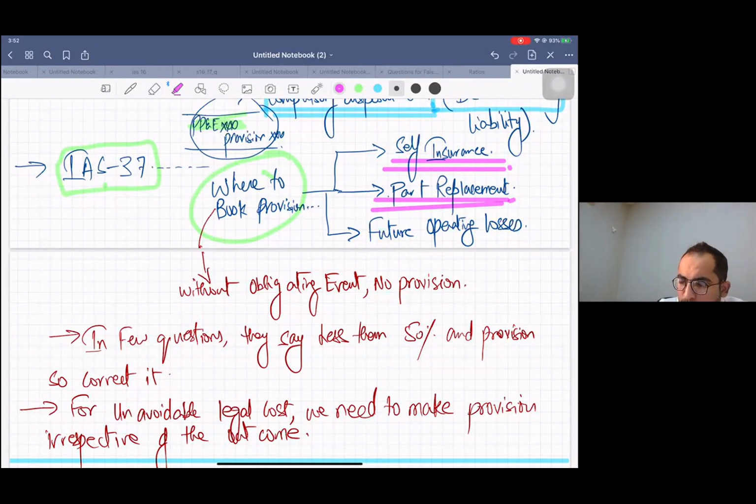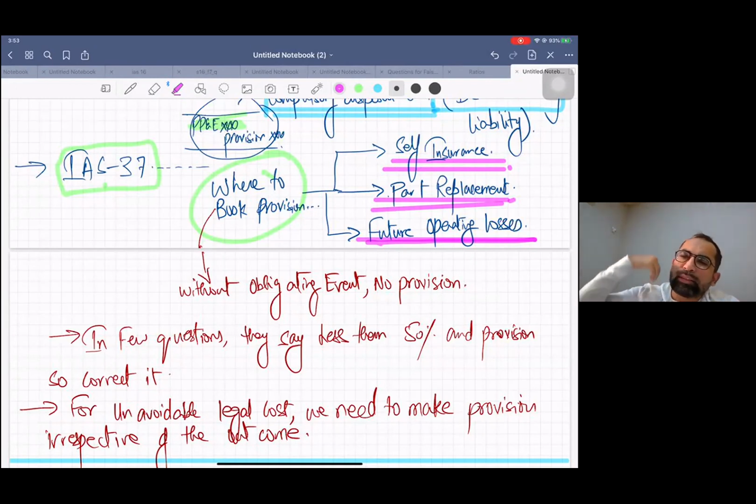Now future operating losses. I hope you remember, and this has already been tested. You cannot book provision for future operating losses. Why? Just think.